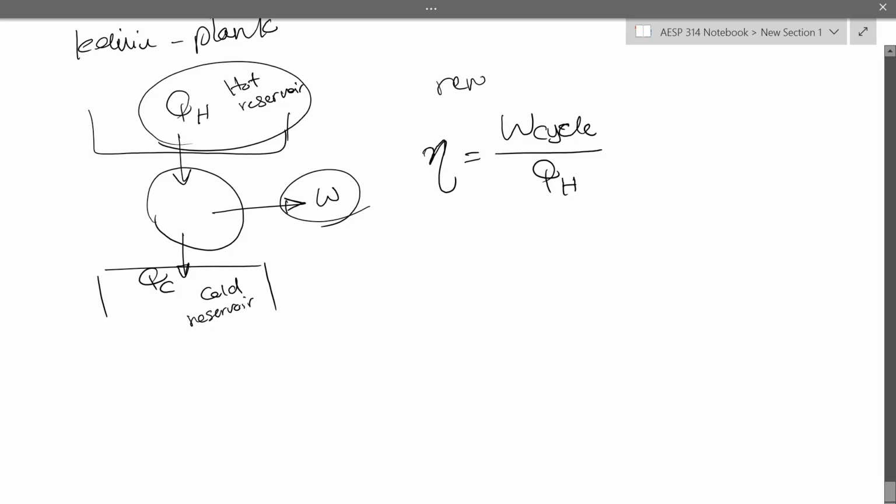And this is defined for a reversible power cycle. And keep in mind that these cycles are called power cycles because we are essentially converting heat to power.